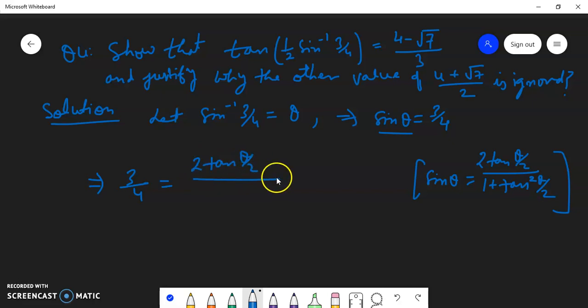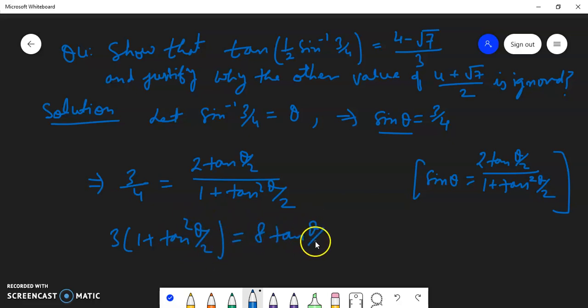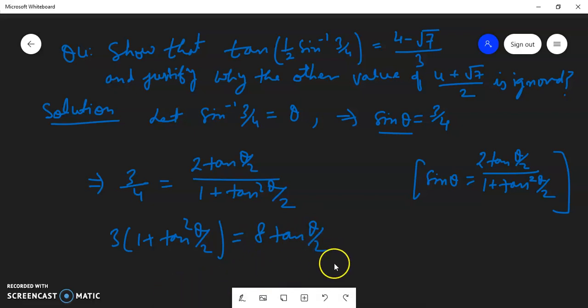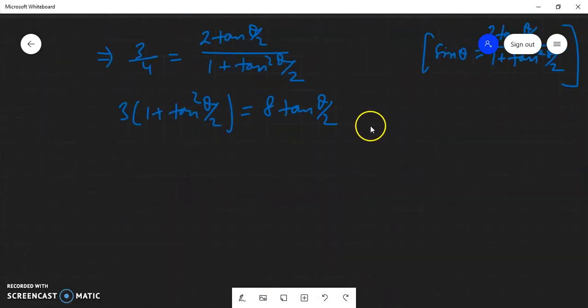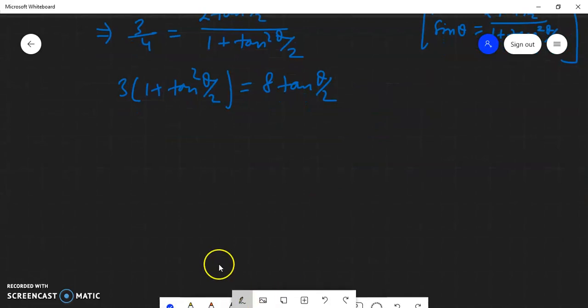So this implies 3 by 4 is equal to 2 tan theta by 2 divided by 1 plus tan square theta by 2. When you cross multiply, what do you get? 3 times 1 plus tan square theta by 2 is equal to 8 times tan theta by 2. So this is a quadratic equation in tan theta by 2, and we will solve it.